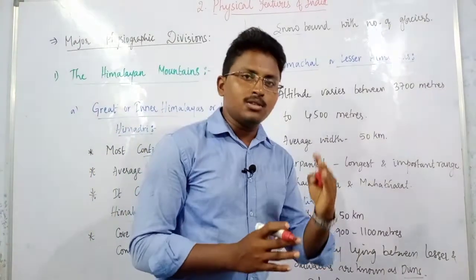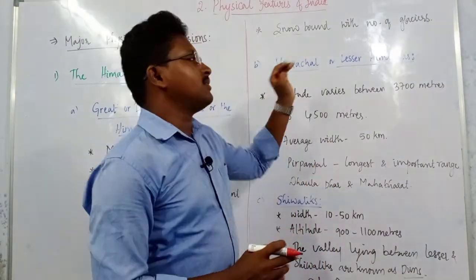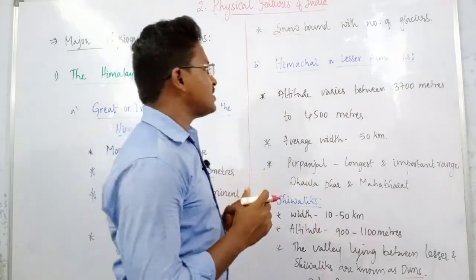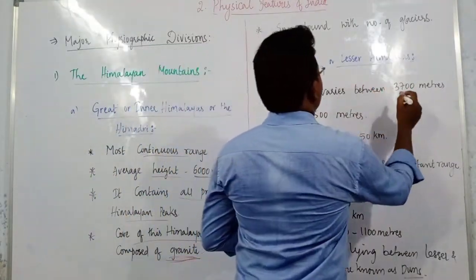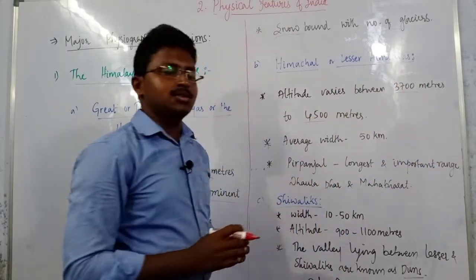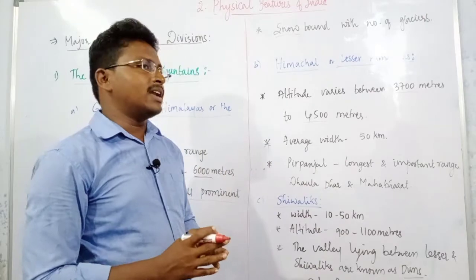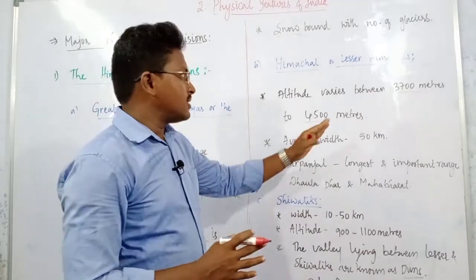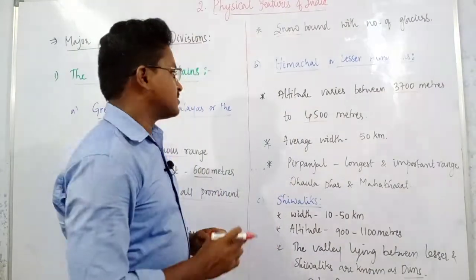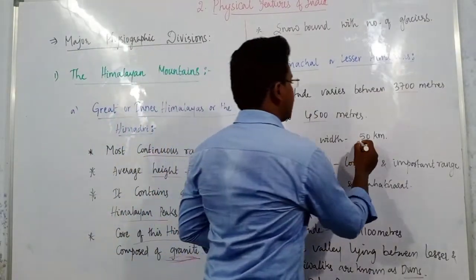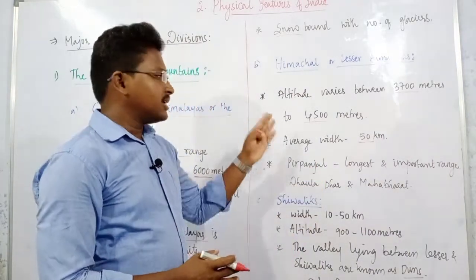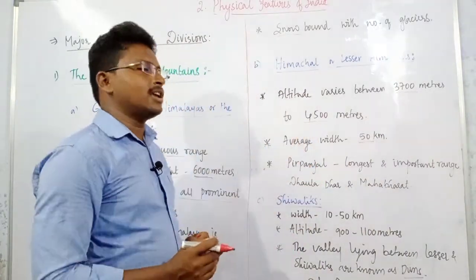Then the next one, below the Great Himalayas, is the Himachal or Lesser Himalayas. The altitude, that means the average height, ranges from 3700 meters to 4500 meters. The average width is around 50 kilometers.